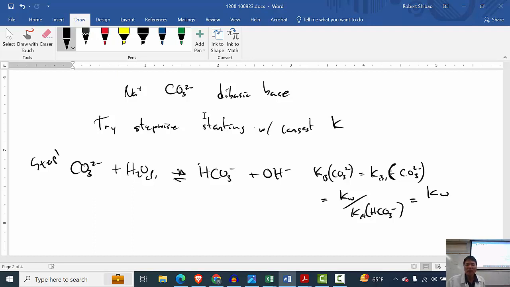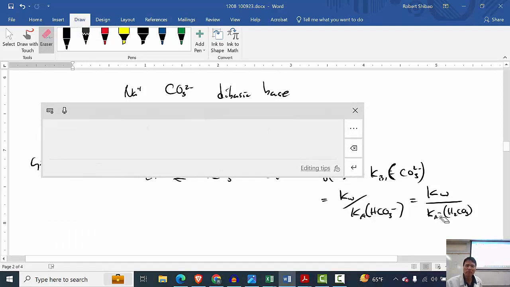Depending on which table you look at, Ka for bicarbonate is actually Ka2 for carbonic acid. Ka1, we lose the first hydrogen. That would be for carbonic. Ka2 would be for taking bicarbonate and losing the second hydrogen. So either we look for Ka for bicarbonate or Ka2 for carbonic acid.